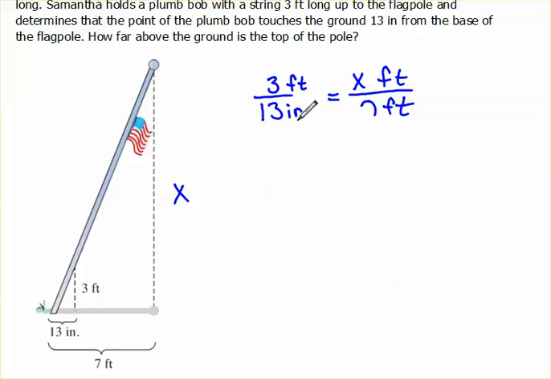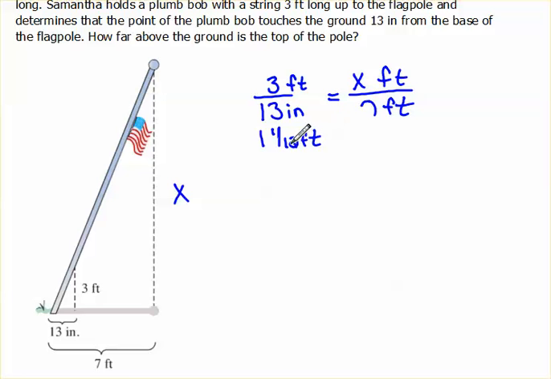Now, because we know that there are 12 inches in a foot, we could say that that is 1 foot and 1 inch, and 1 inch is 1/12th of another foot. So we could label it as 1 and 1/12 feet.